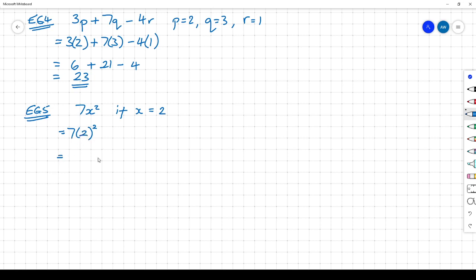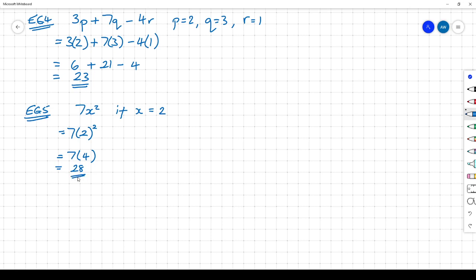BIDMAS tells us to do indices first, so we need to do 2 squared before we multiply by 7, because M comes after I in the word BIDMAS. 2 squared is 4. Now I need to multiply by 7, and 7 4s are 28.